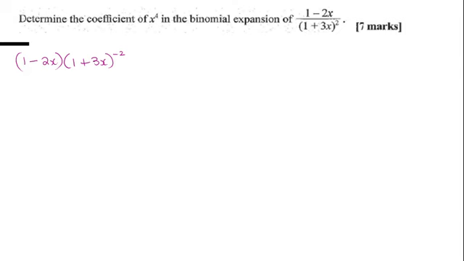Now let's use the second formula we learned, because our power on our binomial is not a positive integer. It's an integer, but it's negative. And so we're going to use our second formula. So I'm going to copy and paste that second formula.